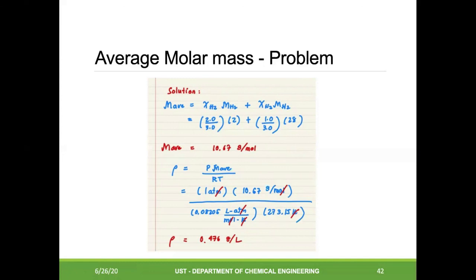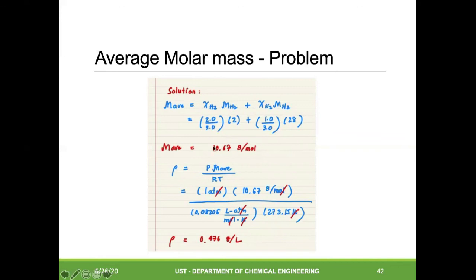The average molar mass is equal to the mole fraction of H2 multiplied by the molar mass of H2 plus the mole fraction of N2 multiplied by the molar mass of N2. So substituting, 2 over 3 or 0.667 times 2, since this is a diatomic molecule, plus 1/3, 0.333, multiplied by 28, or 14 times 2. So the average molar mass is 10.67.